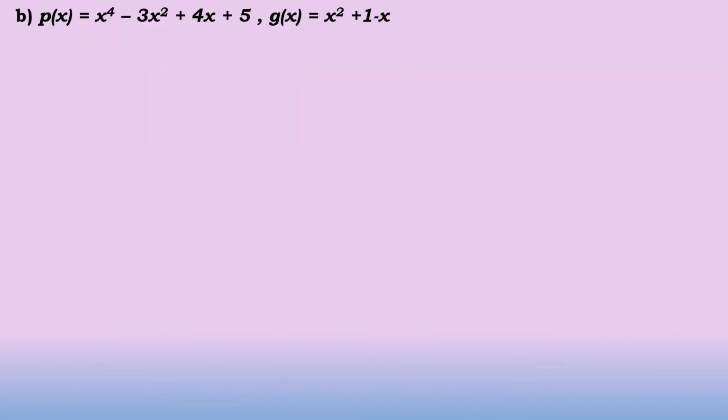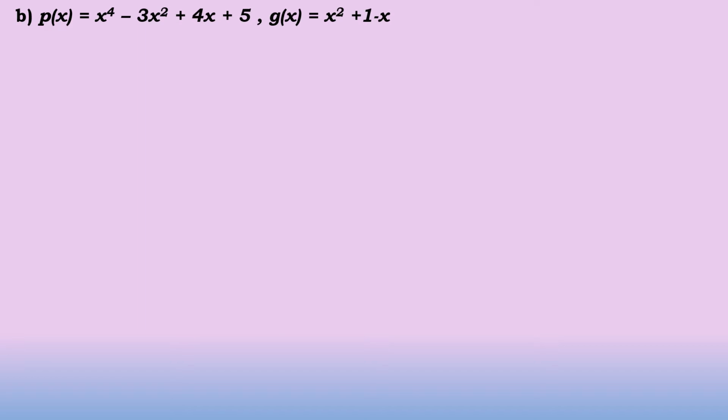P of x equal to x raised to 4 minus 3x square plus 4x plus 5 and g of x equal to x square plus 1 minus x. So the first step, we have to check if the polynomials are given in their standard form.